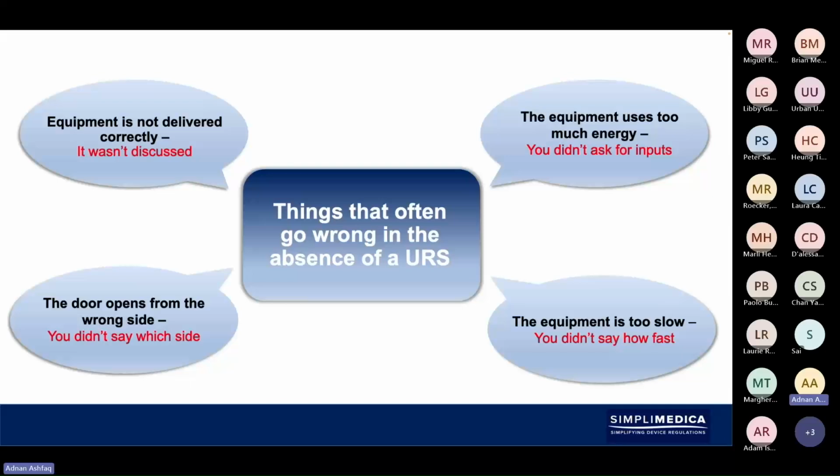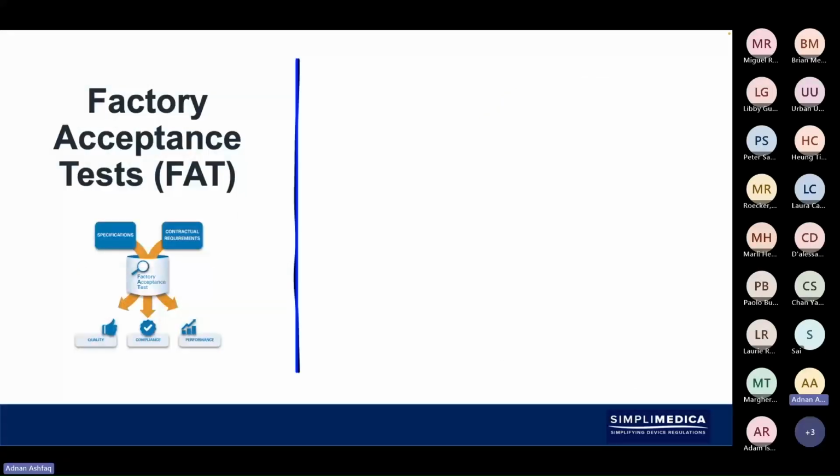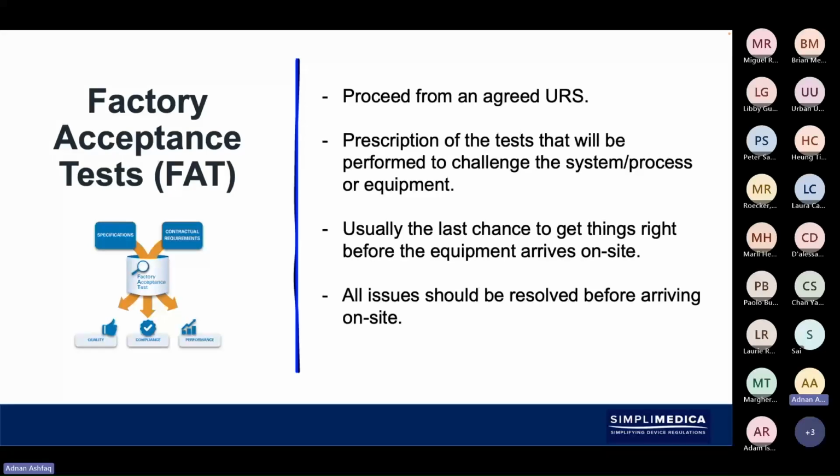So further on from that, once we get a satisfactory communication between the supplier and yourselves of what you're looking for as the customer, we would then typically be looking at doing the factory acceptance testing. And again, they would be based on contractual arrangements, specifications, and it would proceed, as I said, from the URS of what the testing, what is being requested and what challenge testing you have to provide, and what stress testing you may perform on the equipment itself.